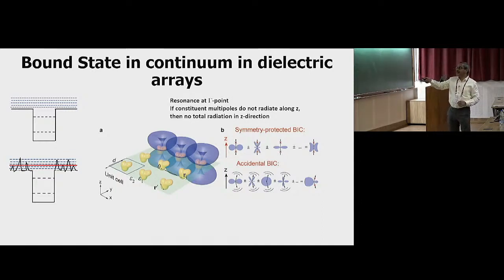They all emit in the same direction, so that the net emission, or the net scattered component, is along the preferred direction. So this happens, the symmetry protected BIC, in symmetrical structures where the emission, or scattering component, can be along one particular direction.